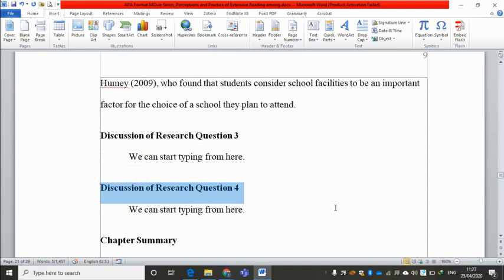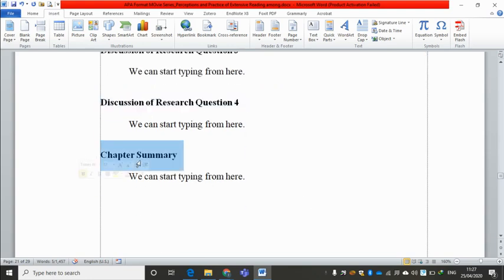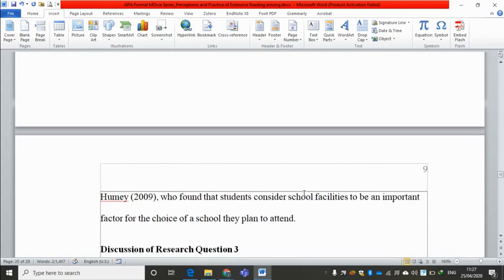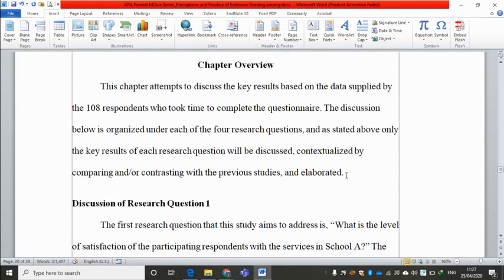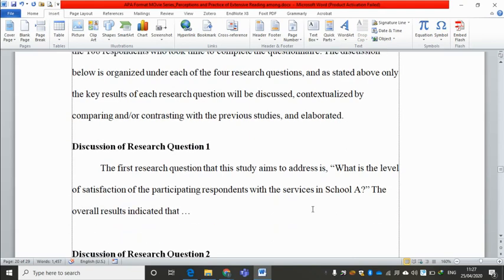Heading level 2, discussion of the last research question, if you have 4 research questions in your study. And then you conclude chapter 5 with a short paragraph called a chapter summary. So, ladies and gentlemen, I think that's how we do it.